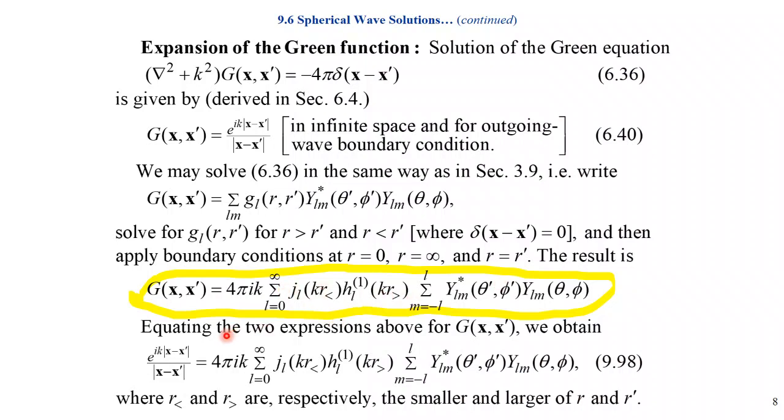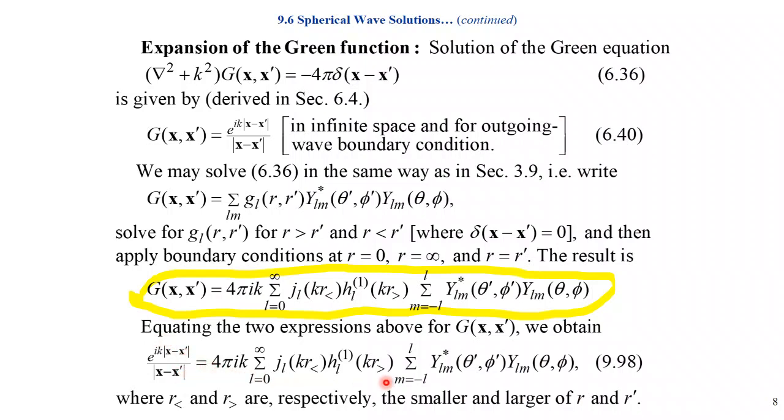Okay, now we will equate these two expressions for the Green function. We obtain this one. This is the expansion of the Green function.